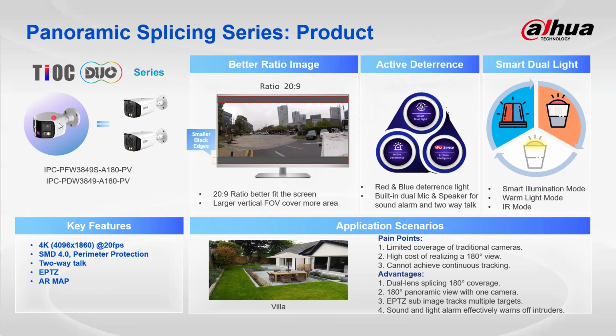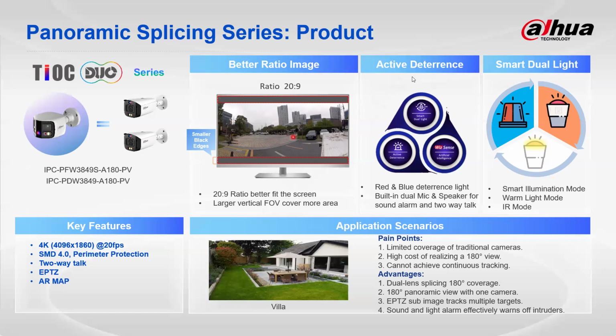This gives us what we call a better ratio image, based on this screen display ratio of over 20:9. You can see from this particular point, the screen is wide enough, and at the same time the height is just enough to cover all the related areas that have key details within the image.